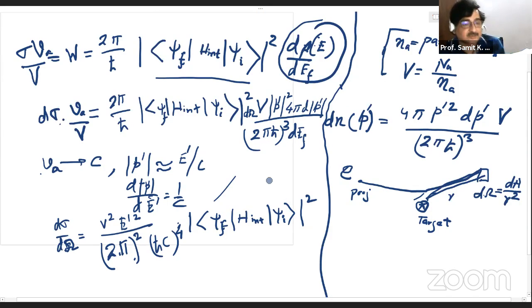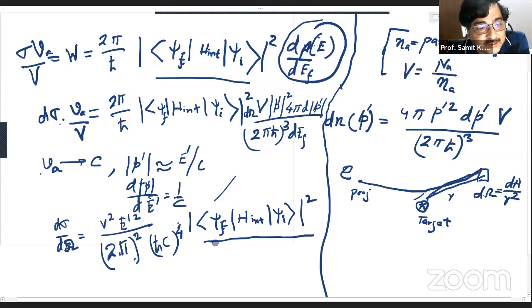So this is the cross section, the differential cross section d sigma d omega, which you can calculate for the electron scattering case if you know this particular term, the matrix element.